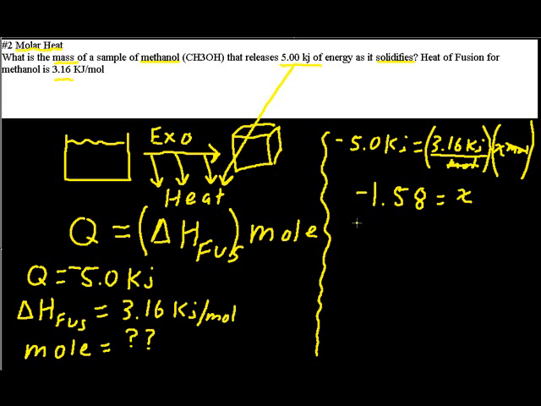Now what we have to do is say if I've got 1.58 moles of methanol, how many grams is that? Well, CH3OH, its molar mass, or grams per mole, is going to be 32 grams per mole.